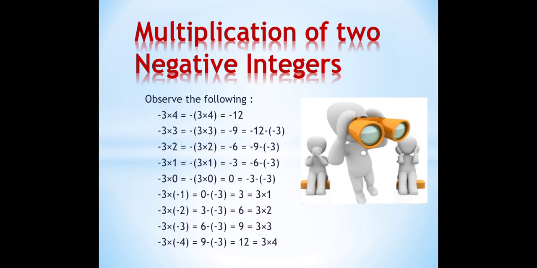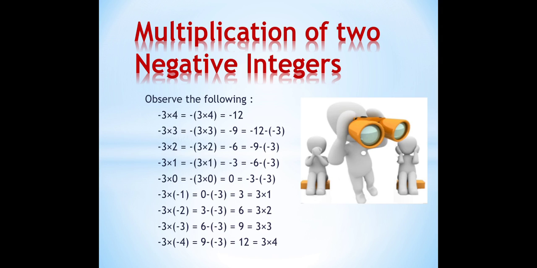Now if you see the pattern of the product of two negative integers, minus 3 into minus 1 gives the result 3, which is equal to 3 into 1. Then similarly, minus 3 into minus 2, we got the result 6, which is equal to 3 into 2.